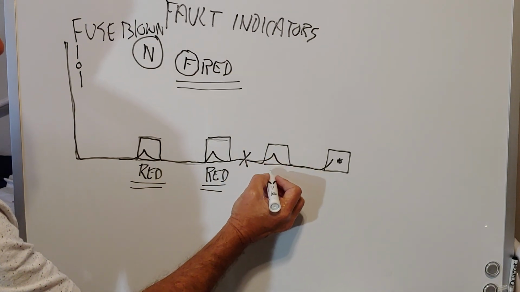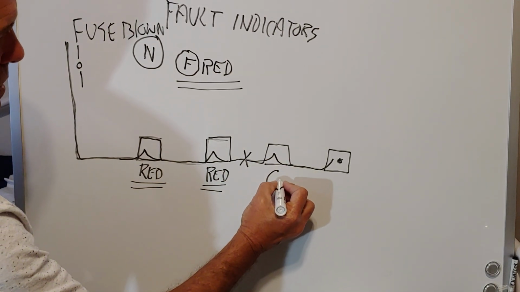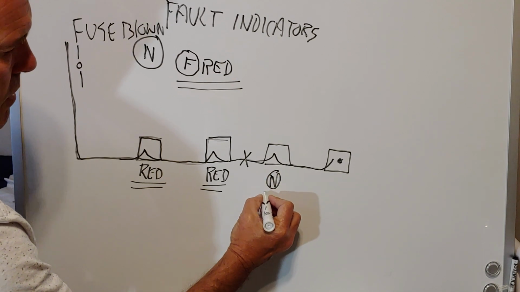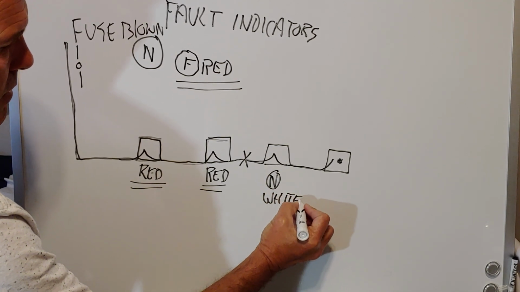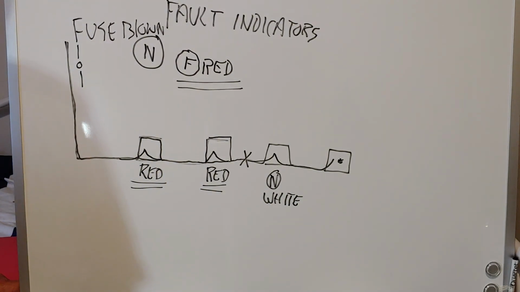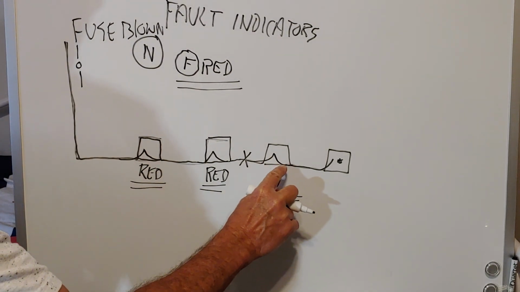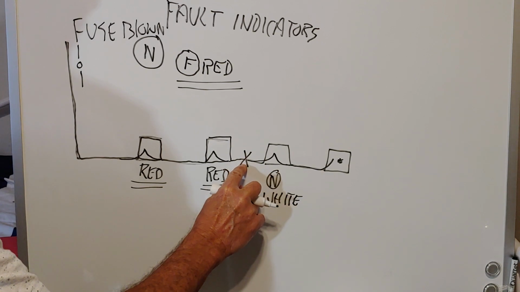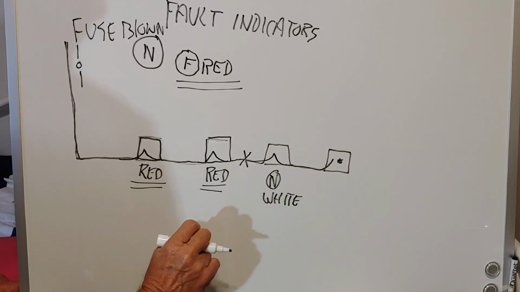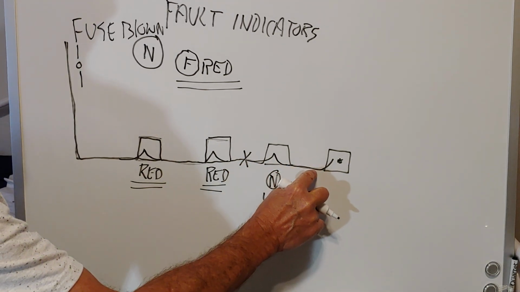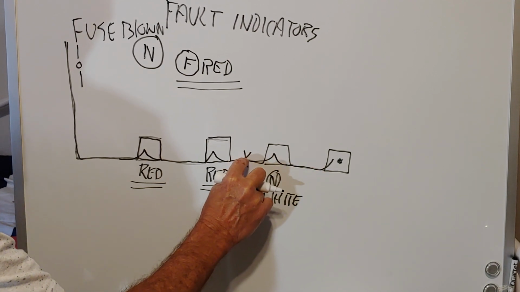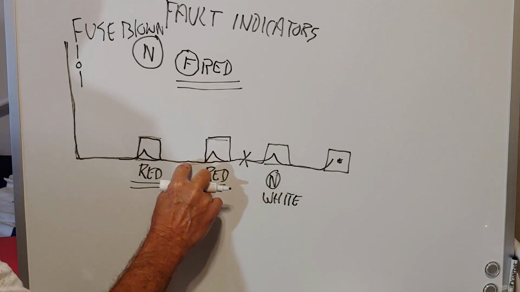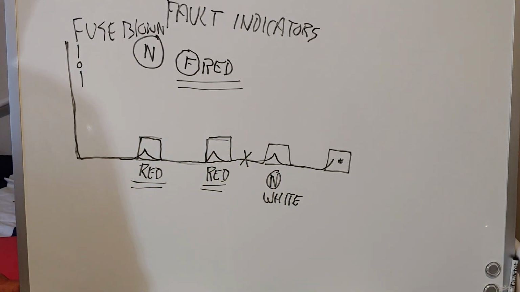In this transformer, the fault indicator is going to be N, white. And the reason for this is because fault current has not traveled through the indicator. The fault has happened here, not beyond. So fault current has not traveled through this part of the line or indicator, but the fault has happened here, and it has traveled all the way through these indicators.